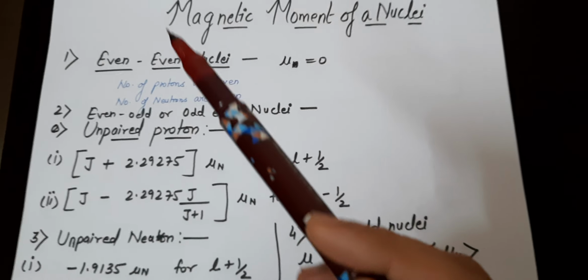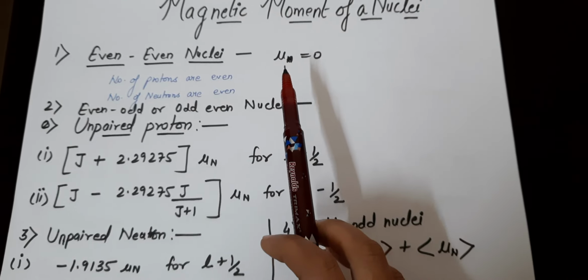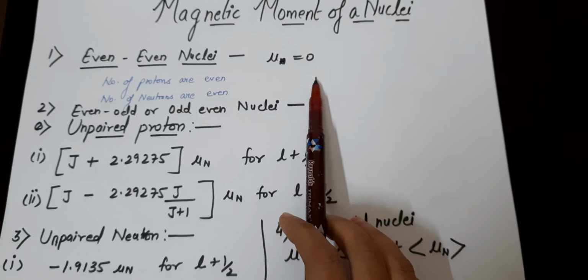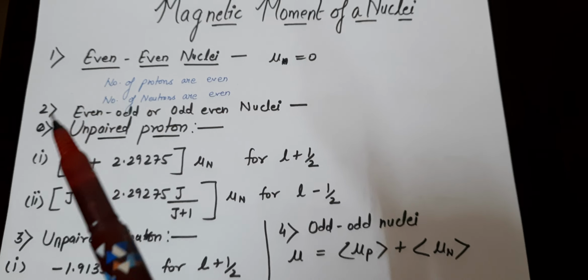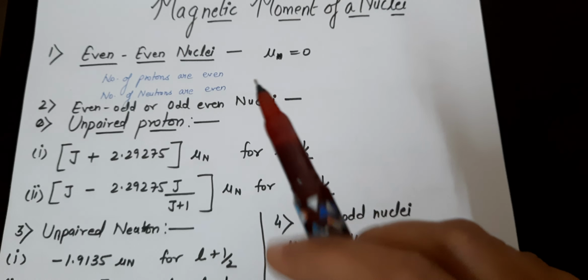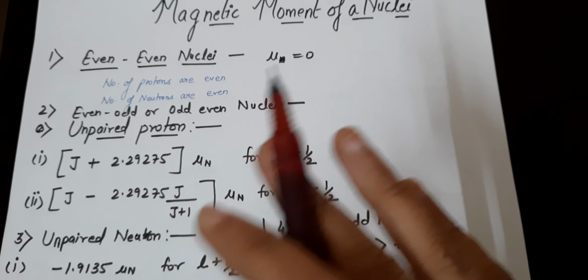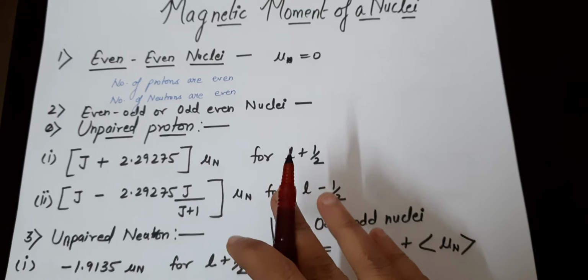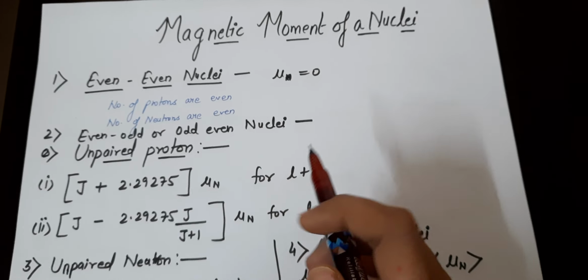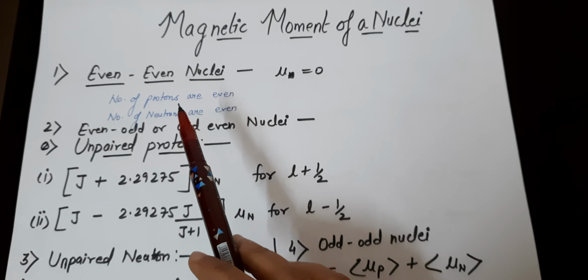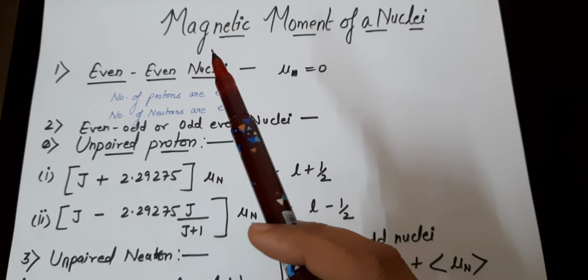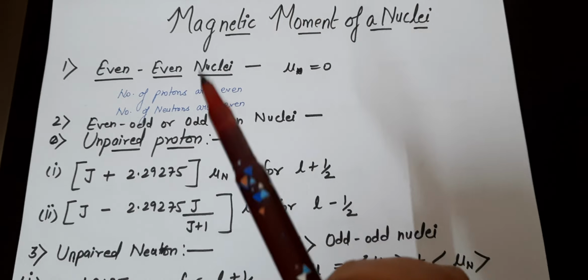In that particular case, the magnetic moment of the nucleus is always zero. We don't go deeper or need to do any more calculation. We simply get to know that for both an even number of protons and an even number of neutrons, the magnetic moment is zero.